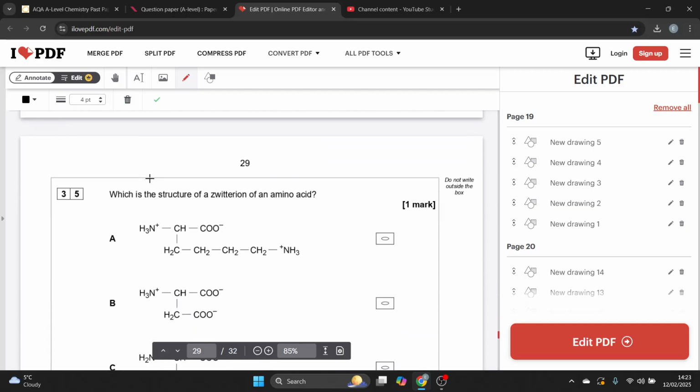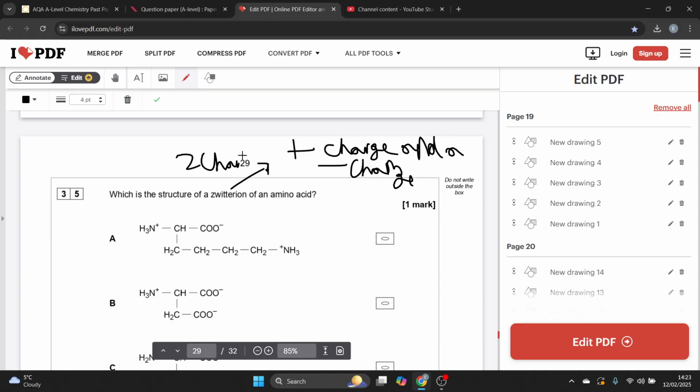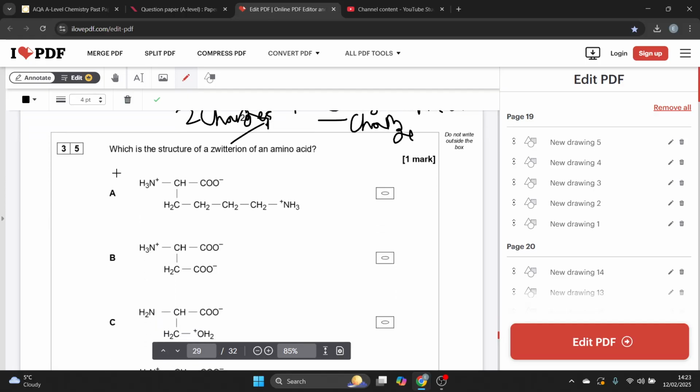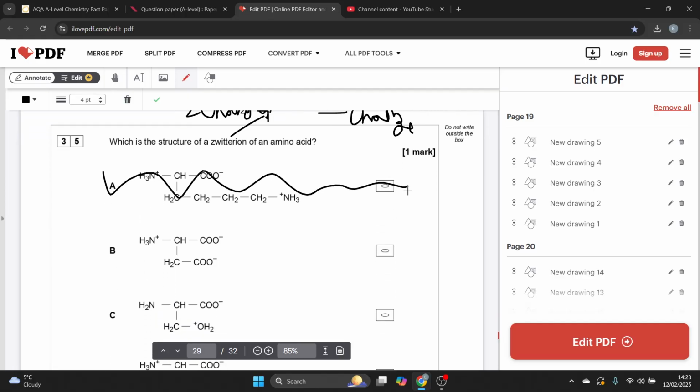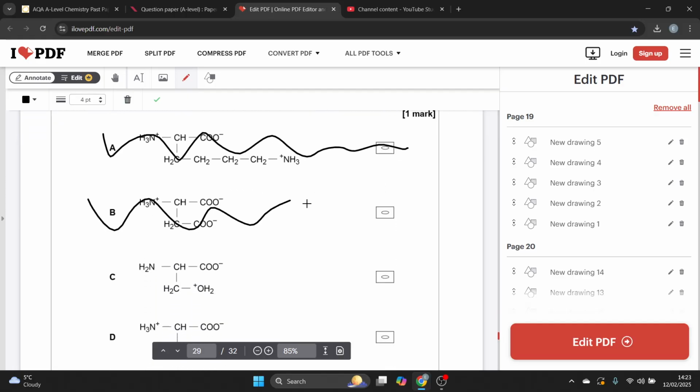And then question 35. Which is the structure of a zwitterion of an amino acid? Now, a zwitterion must have a positive charge and a negative charge, right? And it's only going to have two charges. It's not going to be A, that's got 3. B, that's got 3.